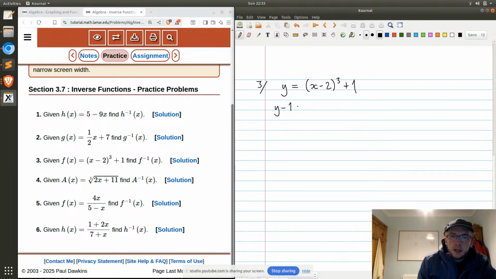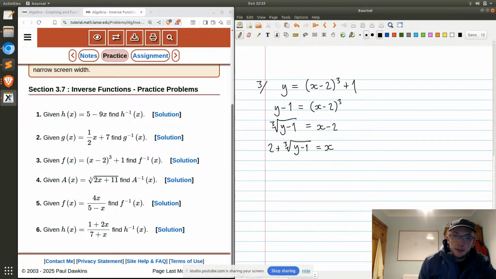So y minus 1, that's my first move. Just subtract 1 from both sides. Here's my next move. Take the cube root of both sides. That will get rid of this right here, which cubes x minus 2. And finally, add 2 to both sides. So 2 plus cube root of y minus 1.